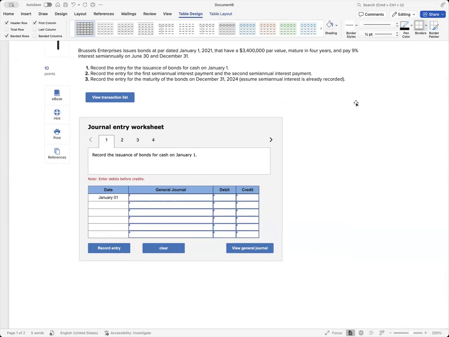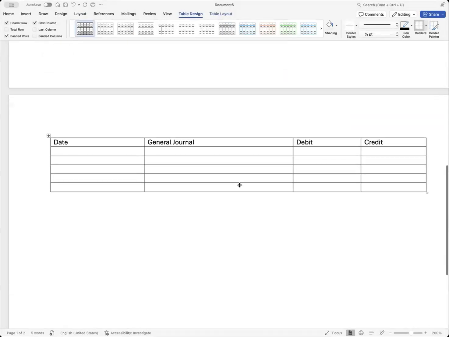Let's start. Again, number one says record the entry for the issuance of bonds for cash as of January 1st, 2021. So we're going to start here, January 1st, 2021, the General Journal. So we issued these bonds.